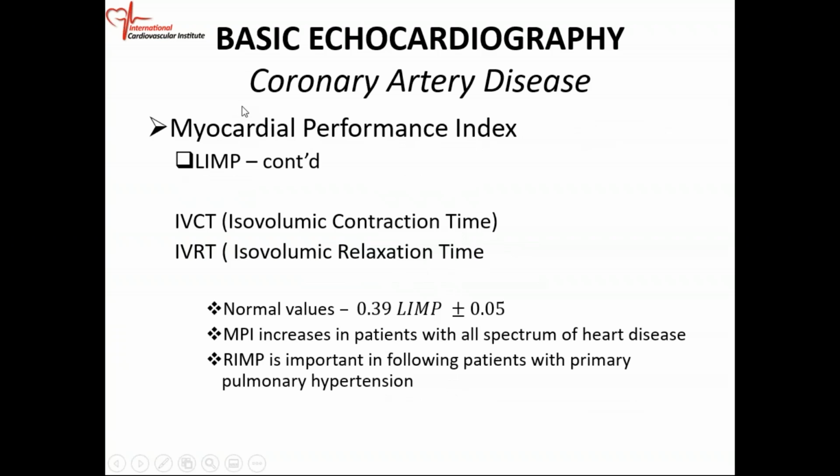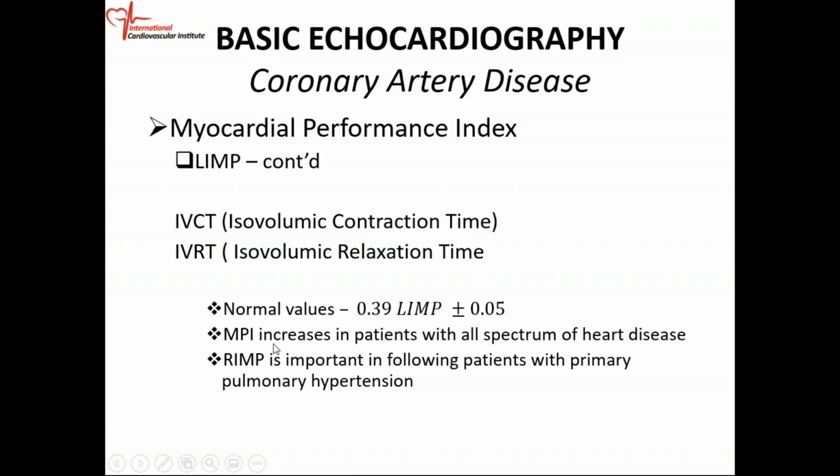All right, so again, IVCT, isovolumic contraction time, IVRT, isovolumic relaxation time. The normal value for LIMP is 0.39 plus or minus 0.05. Okay, so this is the normal value.